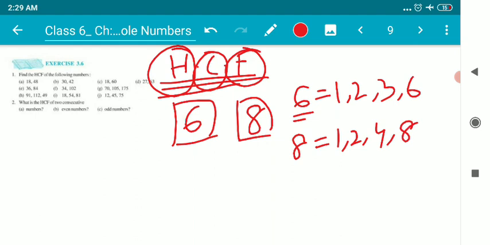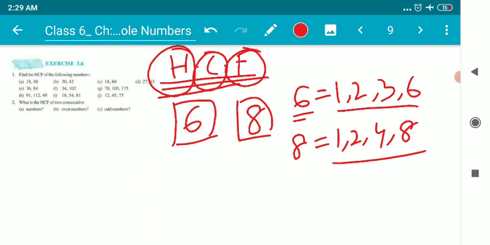Children, here we can see the factors of 6 are 1, 2, 3, 6, and of 8 are 1, 2, 4, 8. So which numbers are common? Common in the sense which numbers are in both the factors lists.